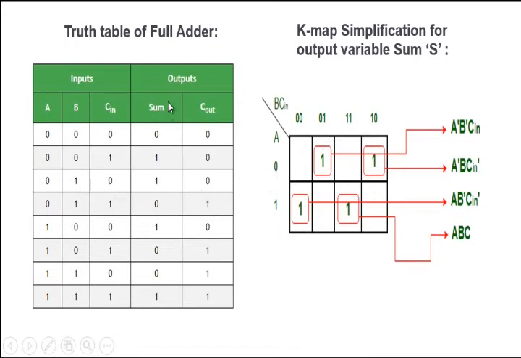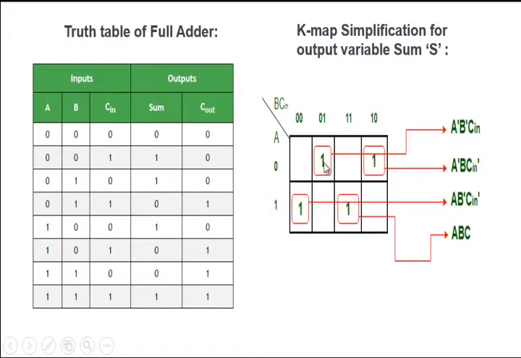We have just drawn here for the sum. So next is here the 1: this 1 and 0 0 combination. This 1 is highlighted here in a red border. Then the last one is a 1. All combinations are 1, so here is a 1 and this is a 1.